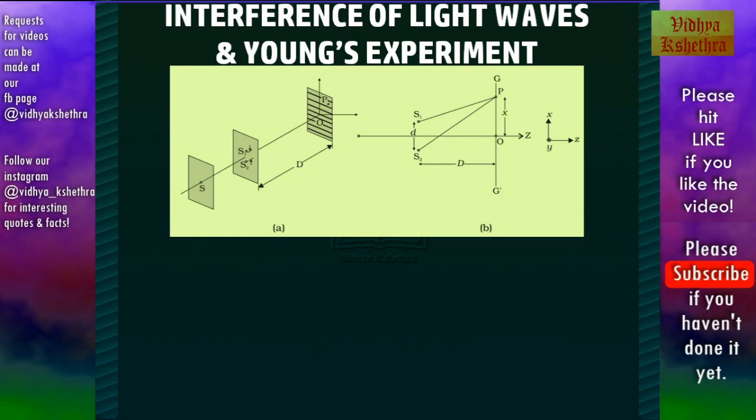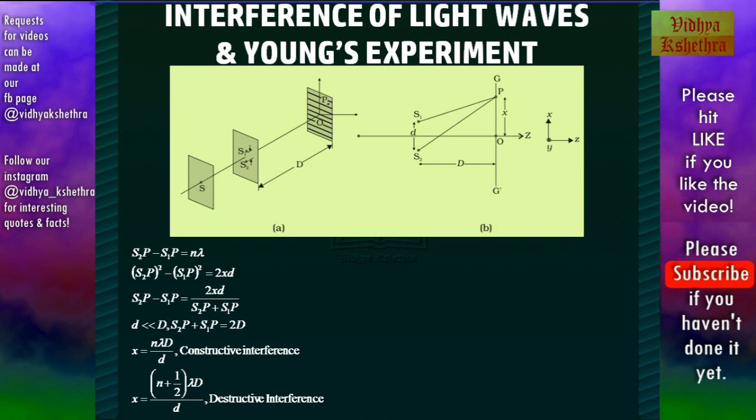Now consider point P, which is located at a distance x from the center O. The path difference, that is S2P minus S1P, is equal to n lambda.